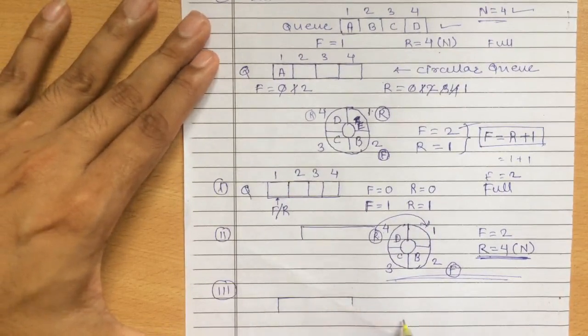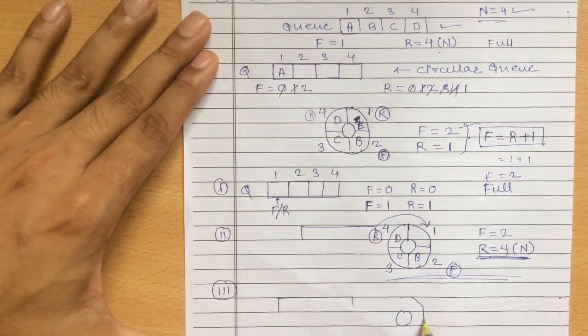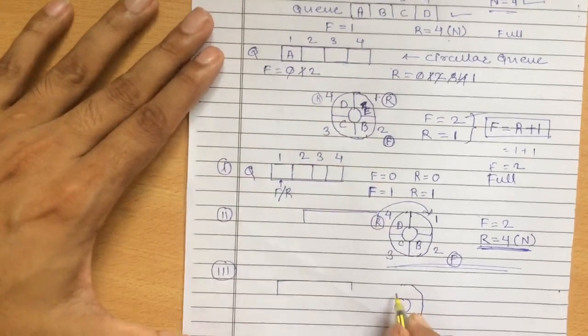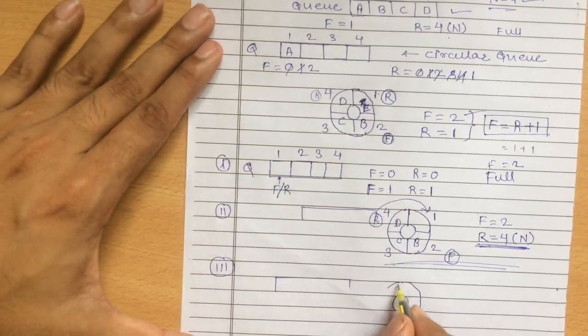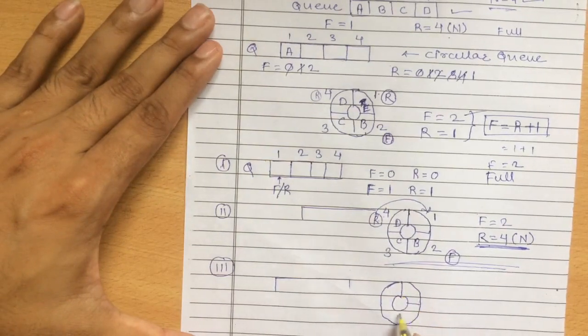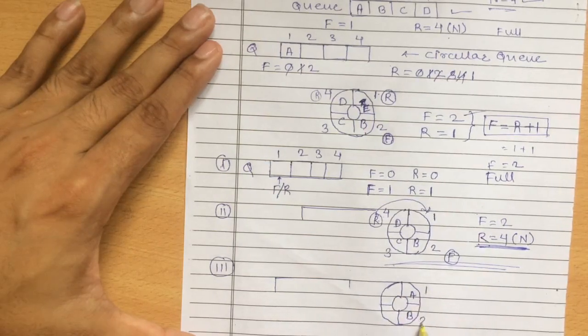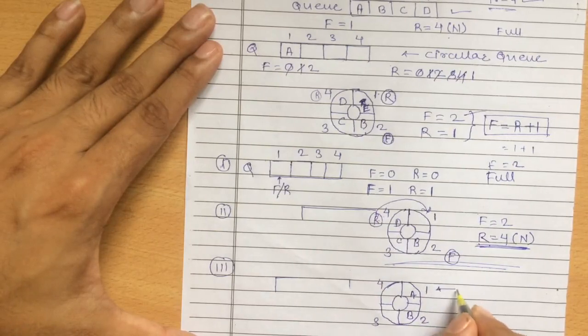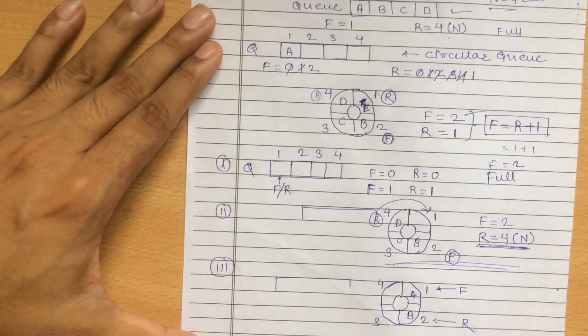I will draw the circular queue only. I have two elements A and B. So 1, 2, 3 and 4. My front will point to the first element present in the queue and rear will point to the last element in the queue.